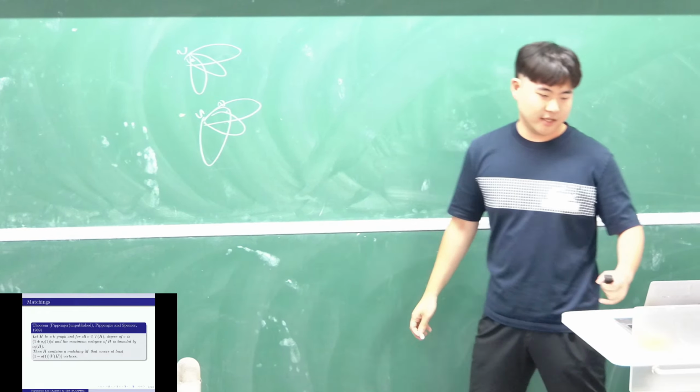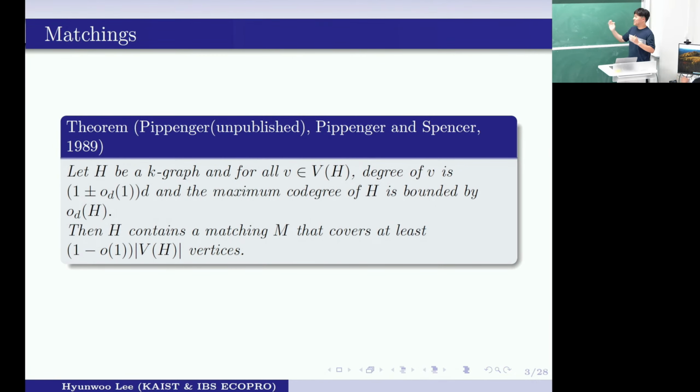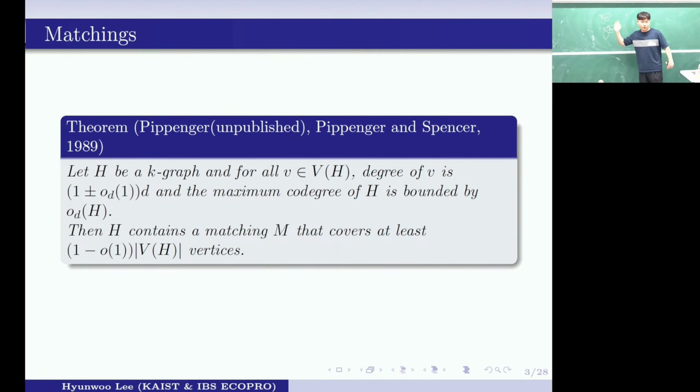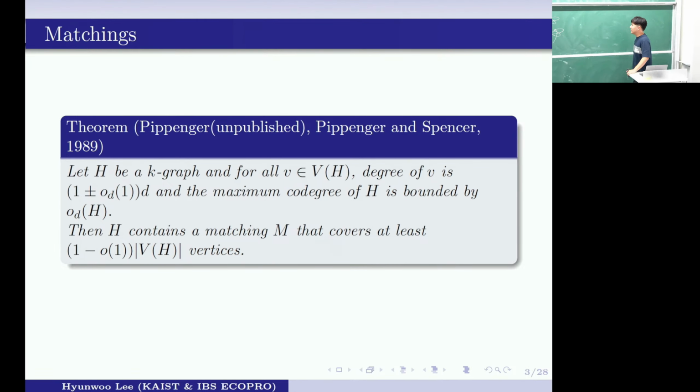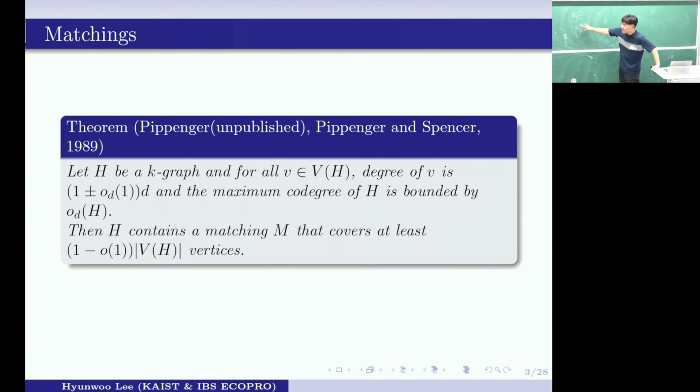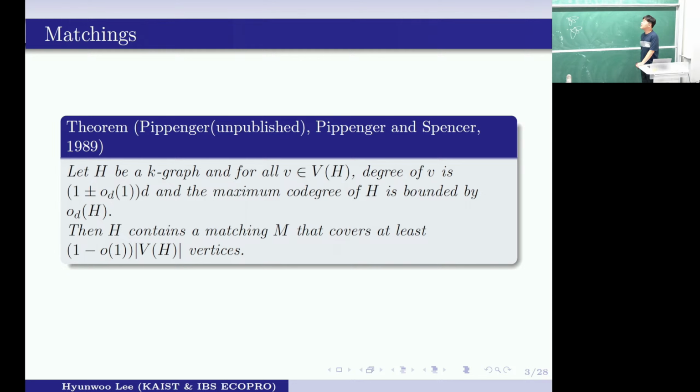And the maximum codegree is the maximum value of the codegrees. This theorem states that when our hypergraph is almost regular, so every vertex v is incident with almost the same number of edges, and has a small maximum codegree, so every distinct pair is contained in a small number of edges, then the given hypergraph contains an almost perfect matching.